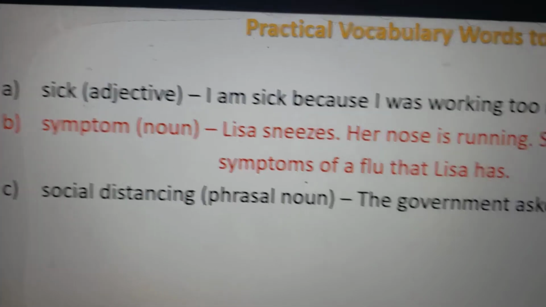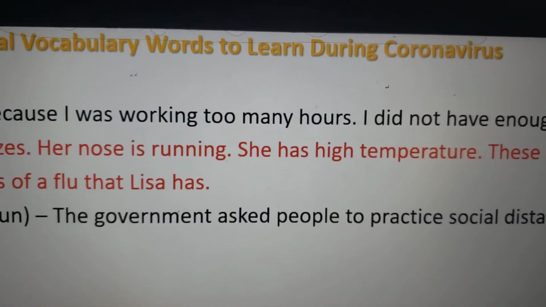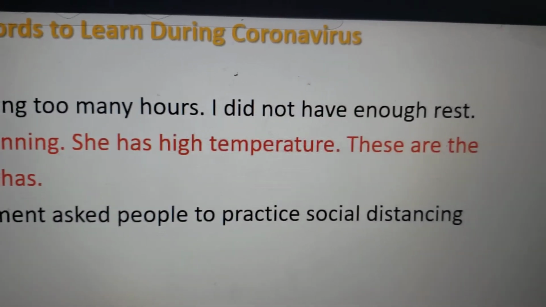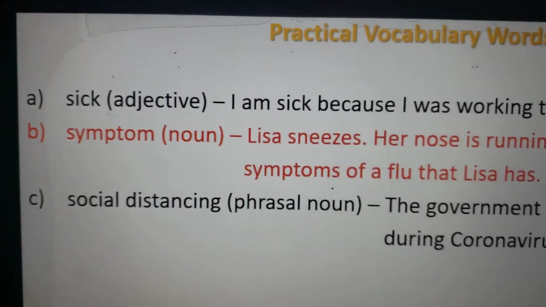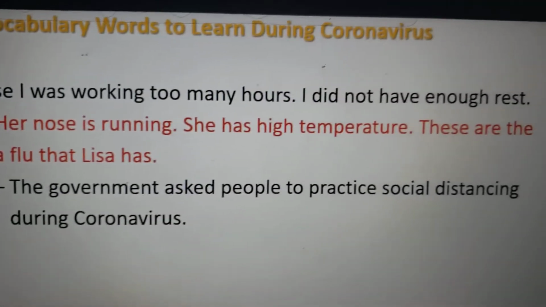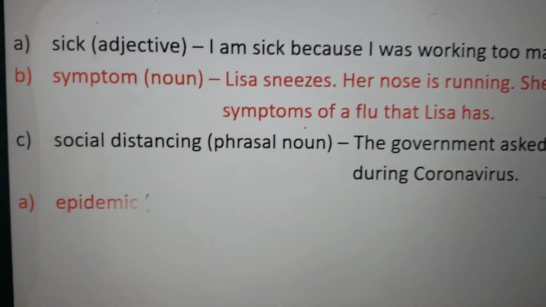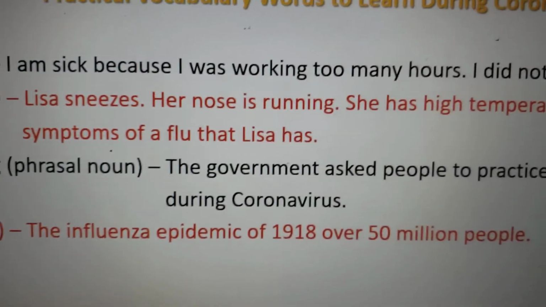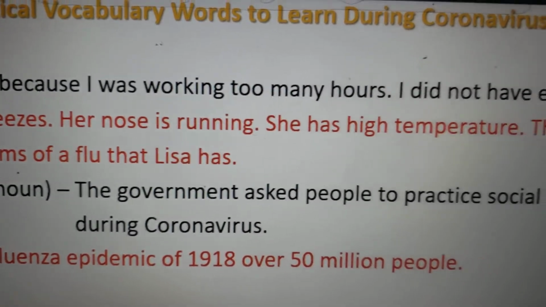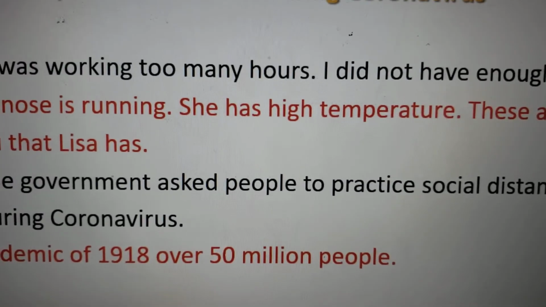Social distancing. The government asked people to practice social distancing during coronavirus. Social distancing means separating yourself from other people. Epidemic: the influenza epidemic of 1918 killed over 15 million people.